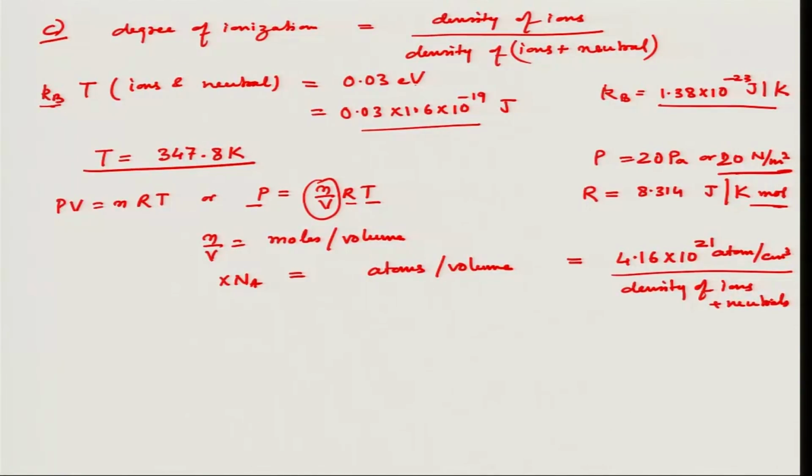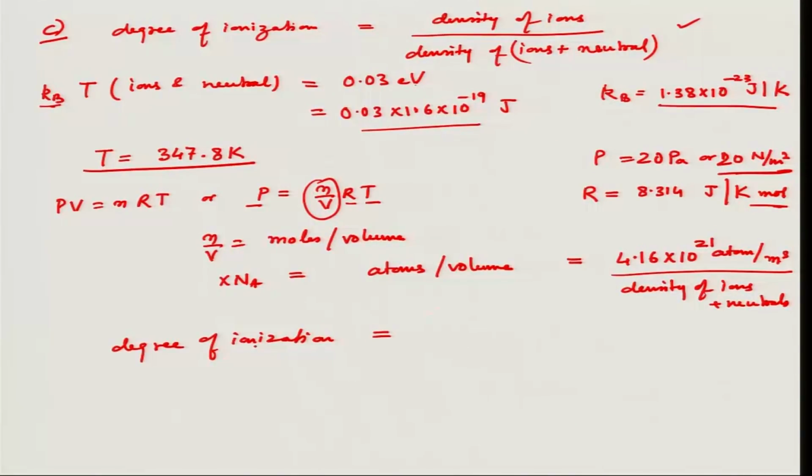Now, if you look at this, degree of ionization is equal to density of ions, which is also your plasma density. Sorry, this is meter cube, sorry for this mistake, this should be meter cube, because we are using SI units here. So, we will get in meter cubes.